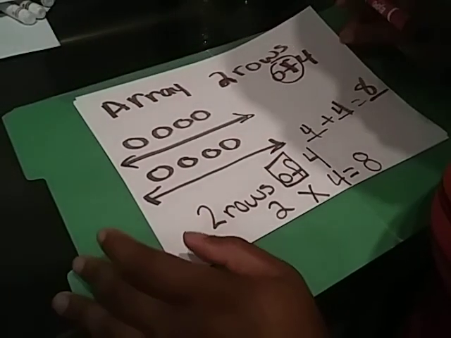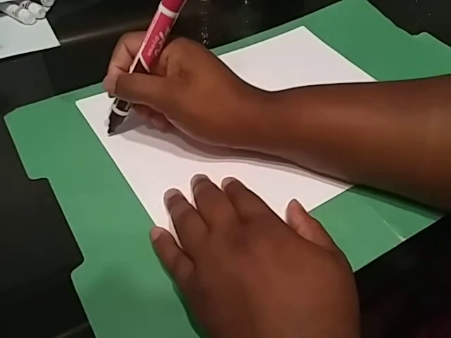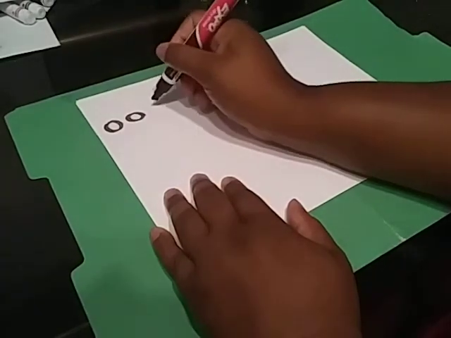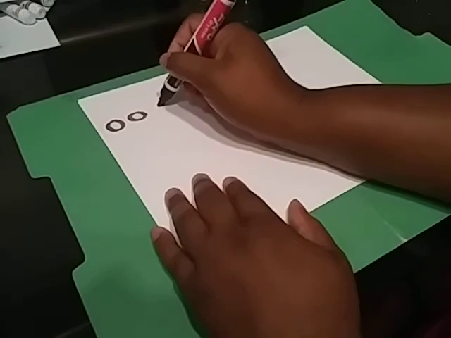I'm going to give you another example. I hope I'm not going too fast, and I hope you can see it's not backwards. Let's say I have 5 rows. I know that rows go from side to side. I want 5 rows of 5.